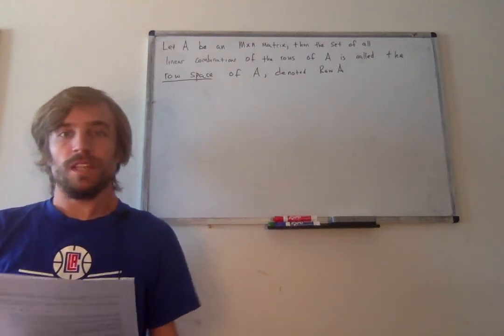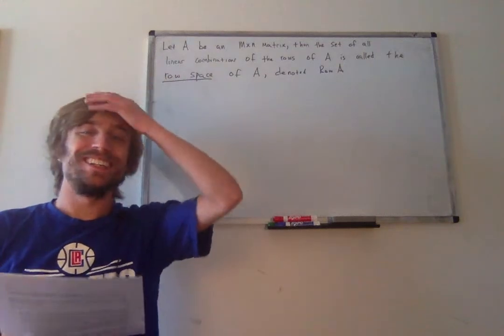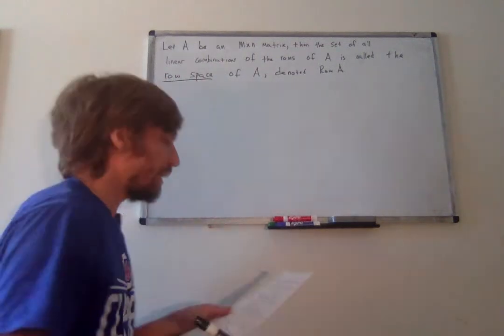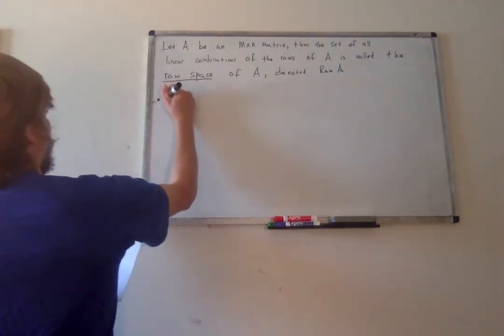We probably could have defined it like that too. The row space is just the column space but with rows. So it's the set of all linear combinations of the rows of A instead of the columns.